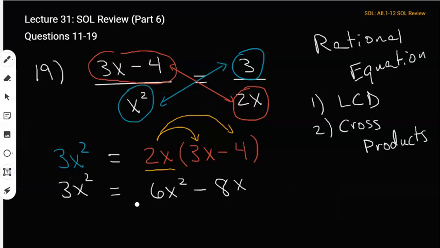What I want to do is get everything on the right side, because almost everything is on the right side anyways, right? I've just got to get rid of this 3x squared. How can I do that?